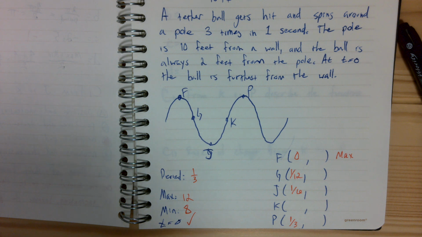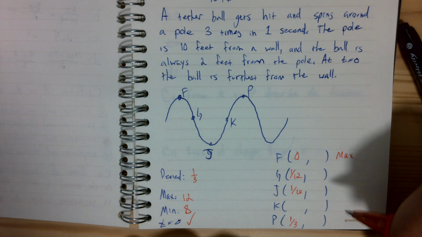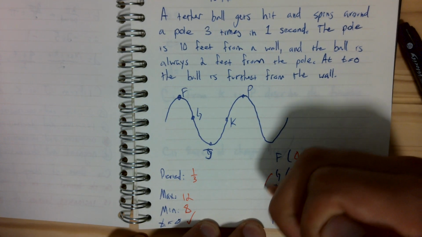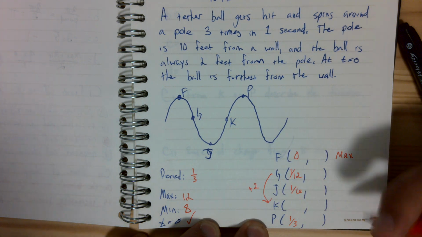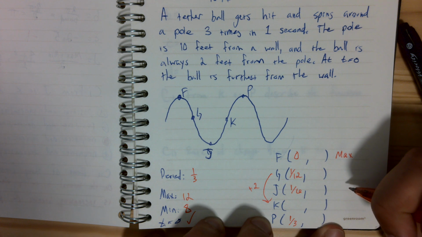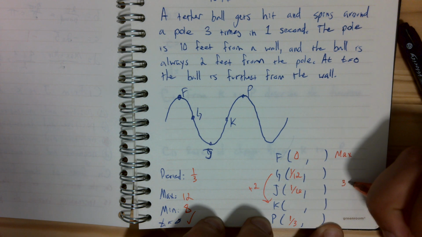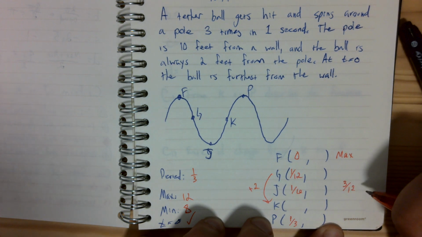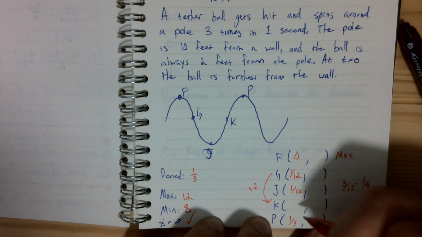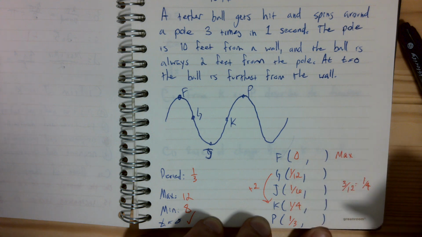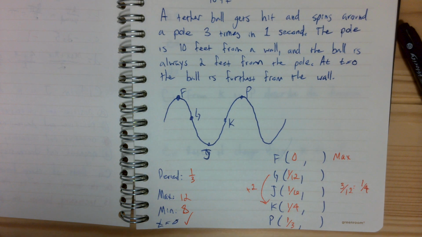And then the trick here in this question is to go from G to K, just add 2 to your numerator. The only problem, though, I'll work it out here on the side, is that would be 3/12. Got to make sure you simplify that to 1/4 for our question. So this would be 1/4 here on that interval.